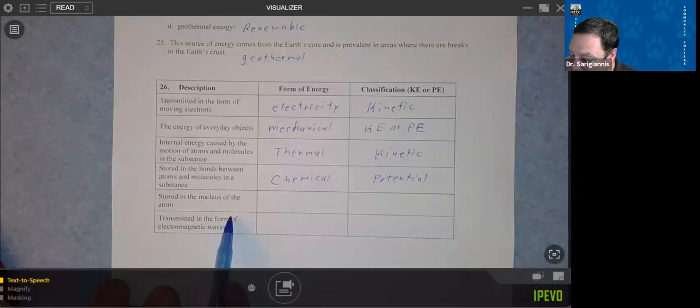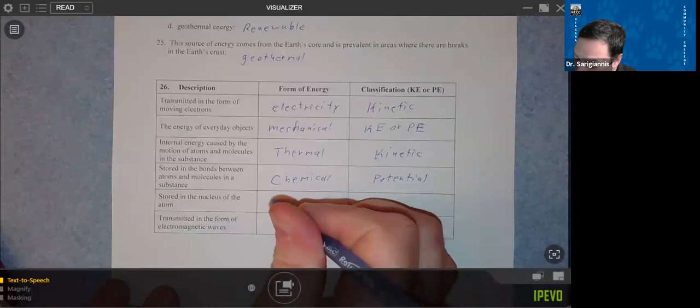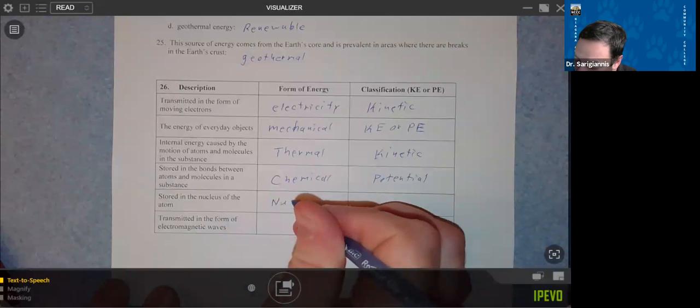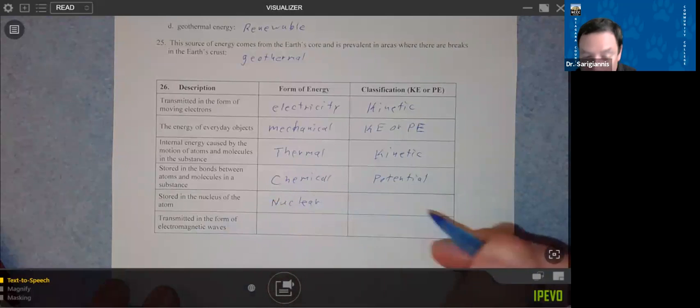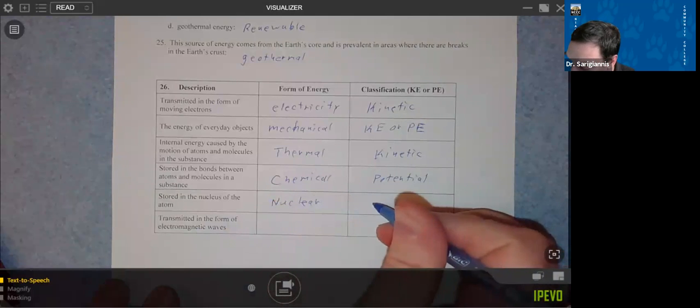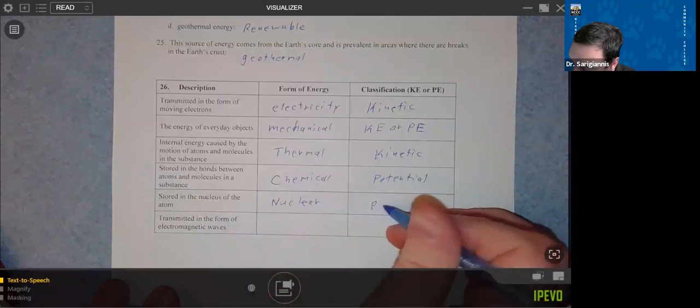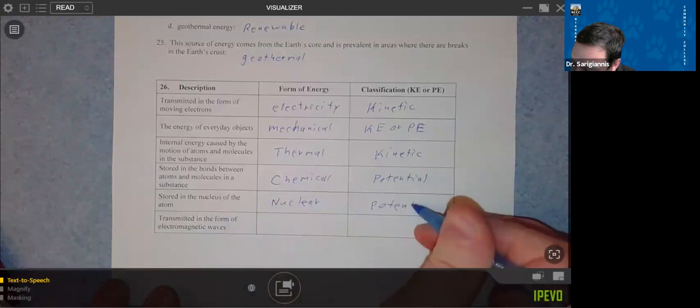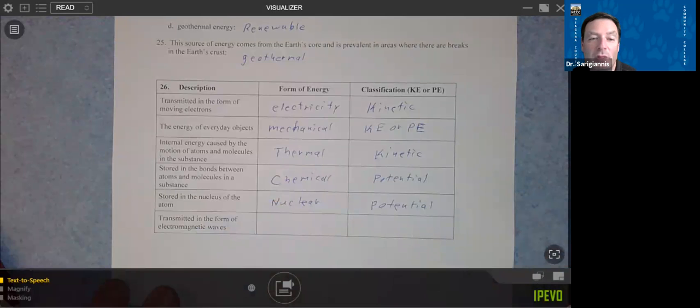We got the energy that's stored in the nucleus of the atom. This is, hopefully you guessed it, nuclear. And this is also a potential energy. And finally, we have energy that's transmitted in the form of electromagnetic waves.